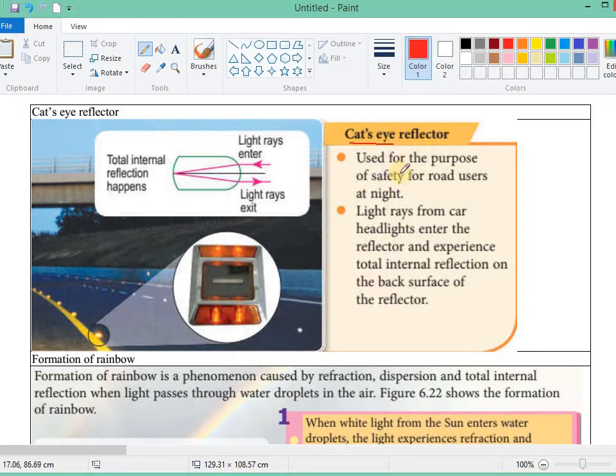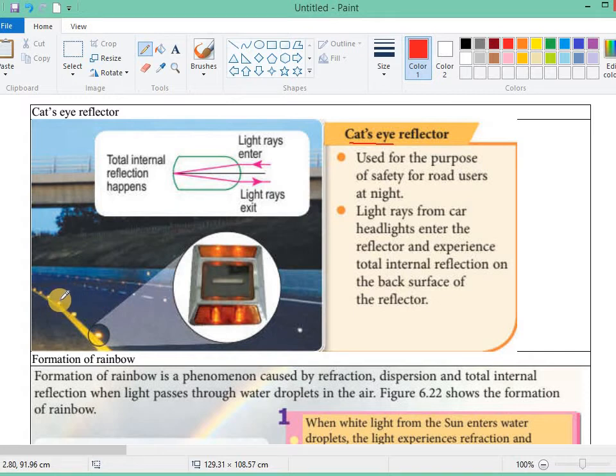Okay, so this is used for the purpose of safety for road users at night. Okay, light rays from the car headlight enter the reflector and experience total internal reflection on the back surface of the reflector. Okay, but of course nowadays there are two types of this kind of safety equipment on the road. One type is this one, the cat's eye reflector.